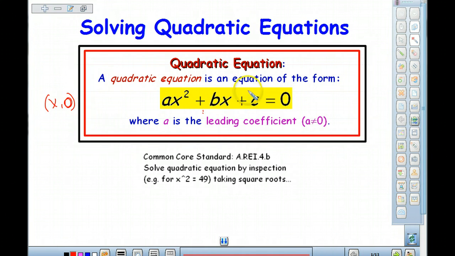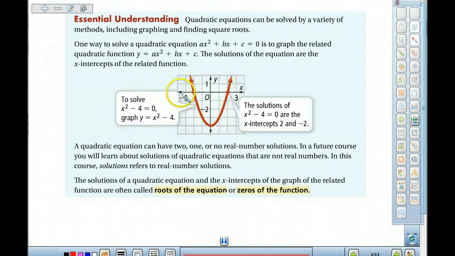No matter where it goes through the x-axis, your y will always be 0. So to set this up, we are always going to go with ax squared plus bx plus c equals 0, and then we're going to learn how to solve for x.